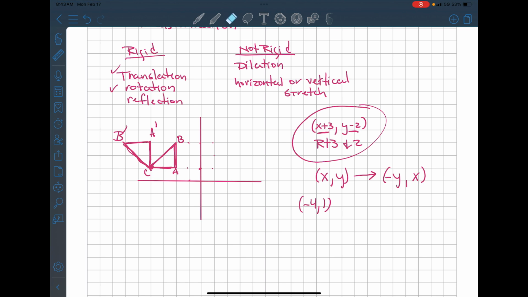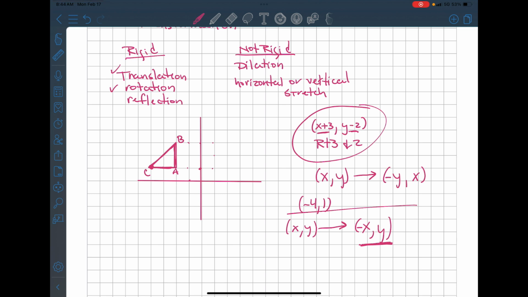And then a reflection tells you if you want to reflect it in the y-axis, the x becomes negative, and although all of these x's in this shape are already negative, so a negative negative makes it positive, when you're writing your rule, you want your opposite coordinate to be negative.